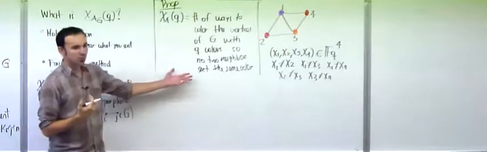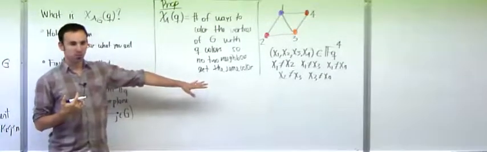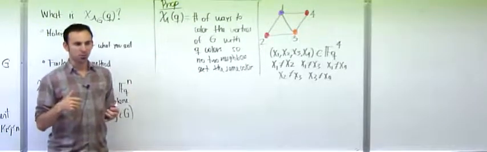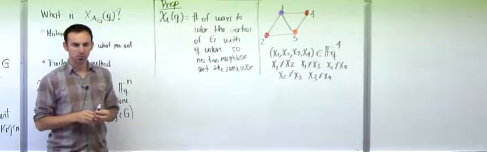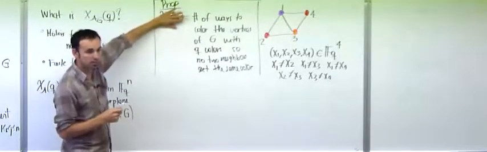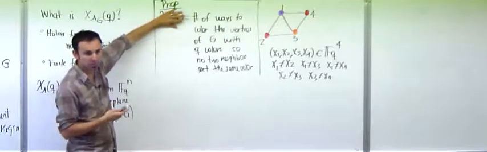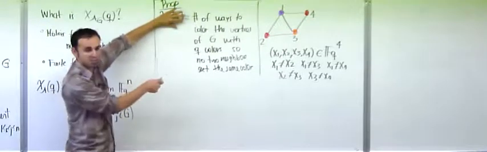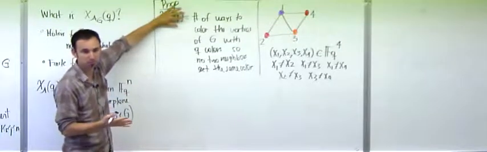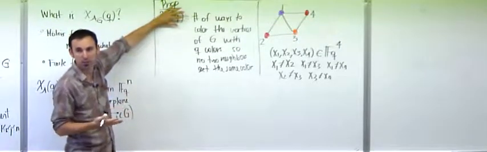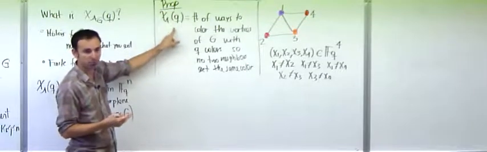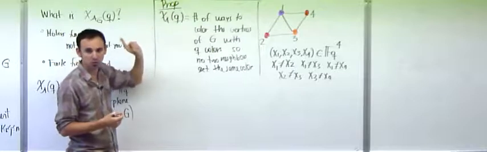But the thing is that if you've taken a graph theory class, maybe you've seen this before. There's a name for this. This is called the chromatic polynomial of a graph. And again, if you look at this right-hand side, it should not be immediately clear to you that what I'm defining here is a polynomial. I'm saying, given q colors, what is the number of ways of doing a certain thing? And a priori, it's not clear that there should be a polynomial. But because it's equal to this, it must be a polynomial. Right? And not only that, it's the polynomial that we're looking for.